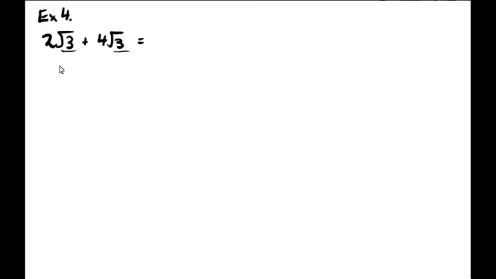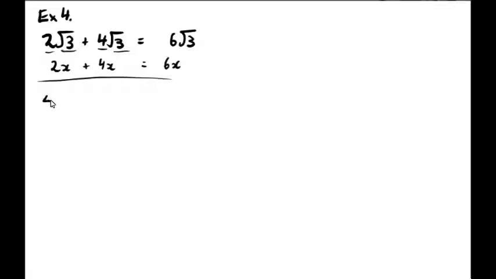So I simply have to add the two numbers. 2 plus 4 is 6, and there would be square root 3. It's just the same as saying 2x plus 4x. Our like term was the x, and we'd get 6x. Basically the same principles apply.